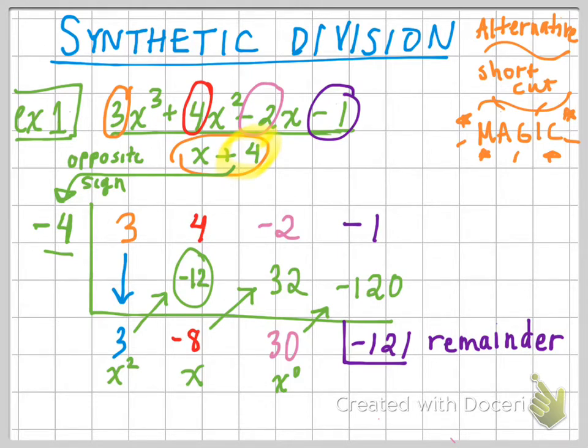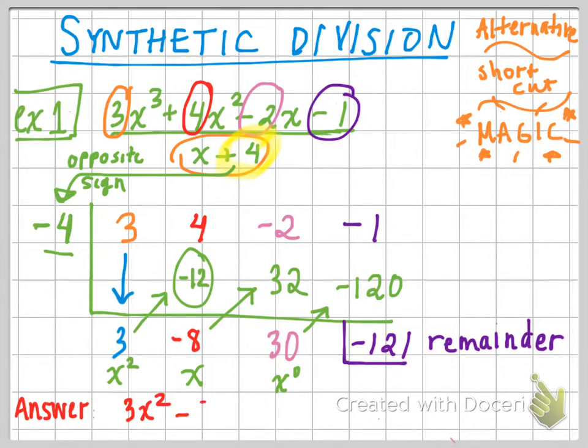In this case, we would have as our answer 3x to the... oh sorry, not x to the third, x to the second.